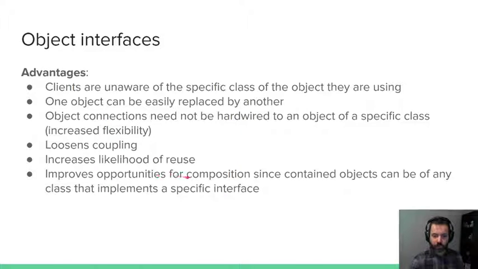Reuse, I mentioned that already. But we also loosen this notion of coupling. And coupling is something I talked about before. We're going to formally define it here momentarily. But basically, that is the software engineering metric where you have classes that are so tightly coupled that if you change one, you have to change the other one. Right? That's bad for reuse and for effort because that's extra work to do. If you have loose coupling, you change one class, you don't have to touch the other one.